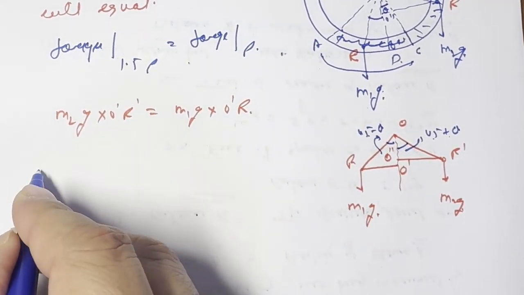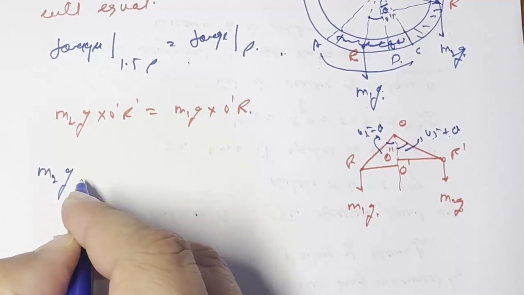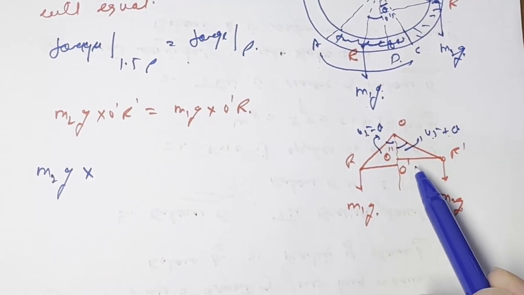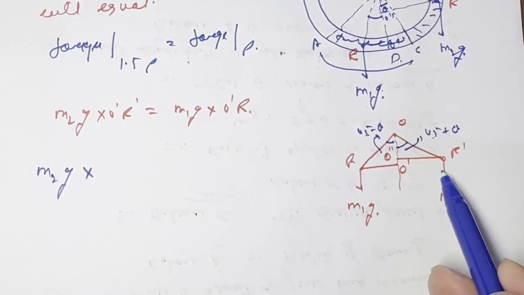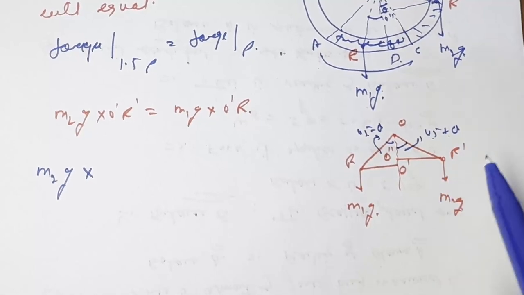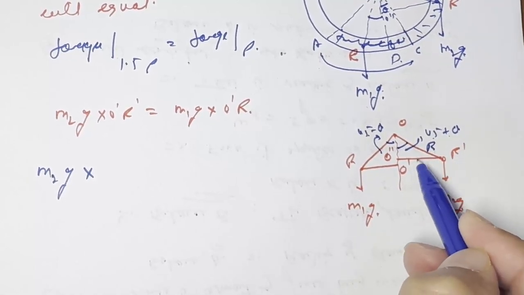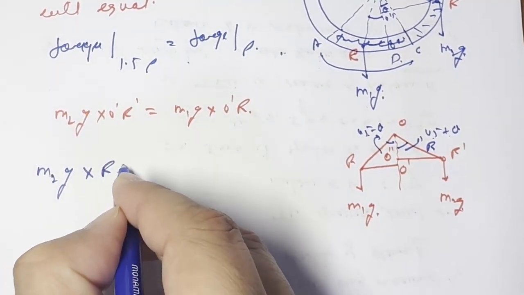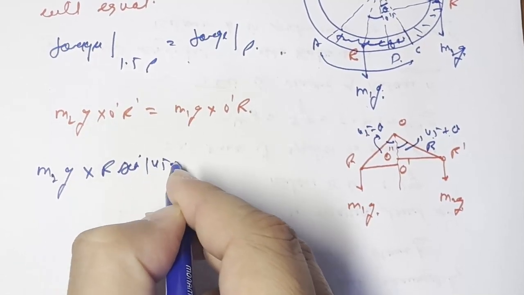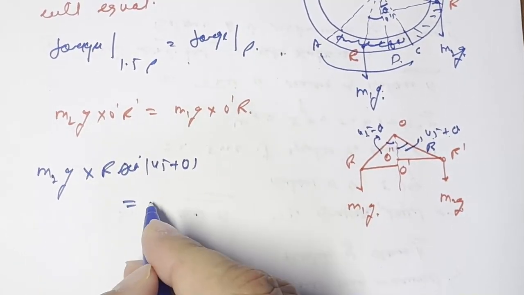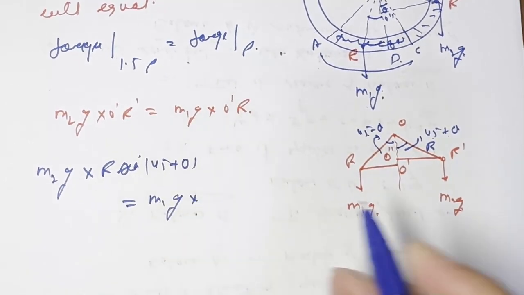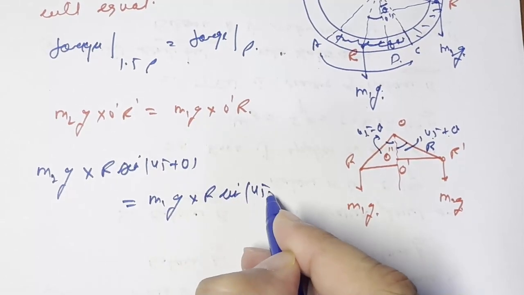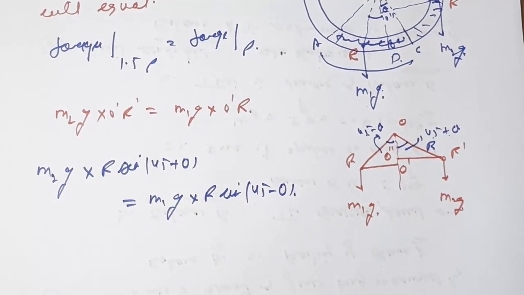We get m2g multiplied by our O prime R prime will be equal to R, and we get this as R sine of 45 plus theta. This becomes R sine of 45 plus theta is equal to m1g, and this becomes our R sine of 45 minus theta.